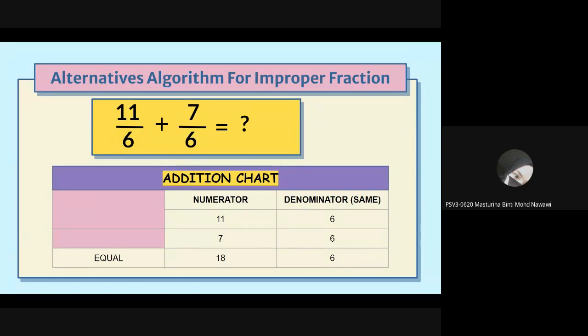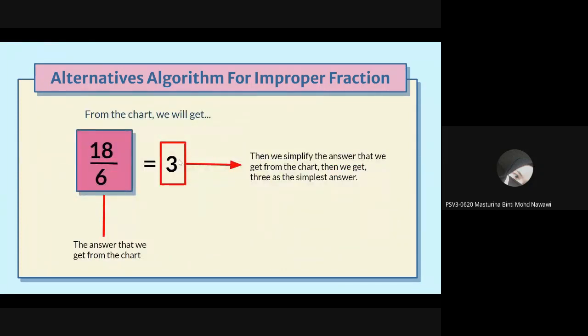Okay, and the addition chart as the alternative algorithm for improper fractions that I use, such as the numerators 11 and 7, we will get 18, and the denominator we stay as 6. Okay, next. Then we will get the answer 18/6 from the chart.